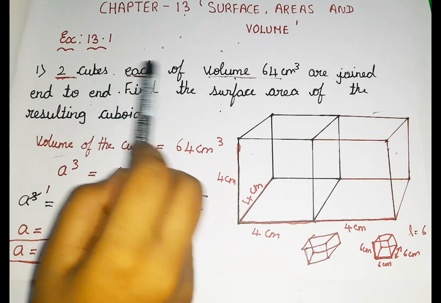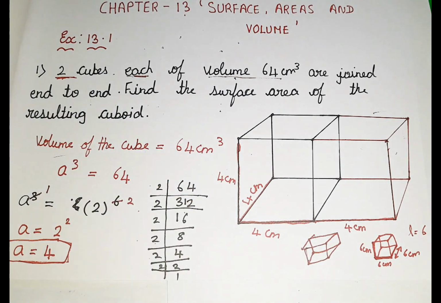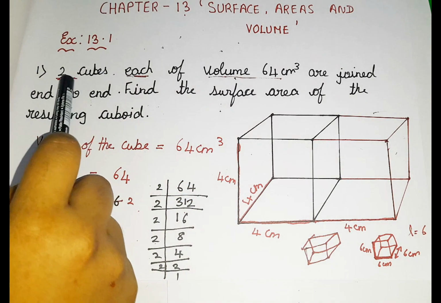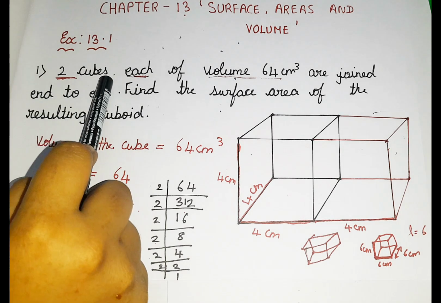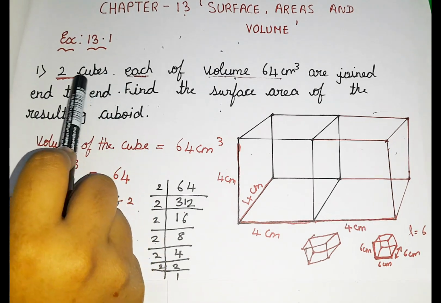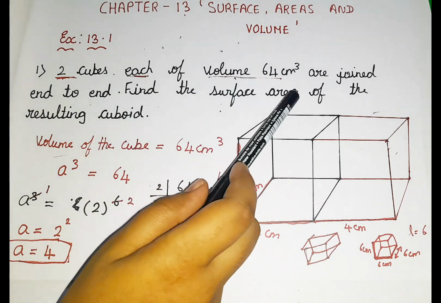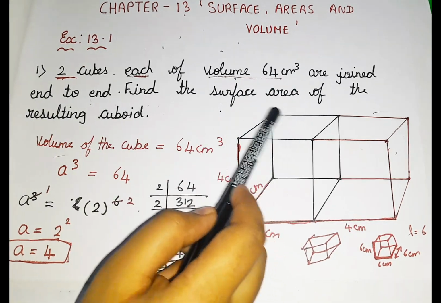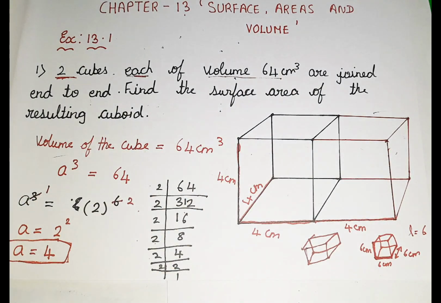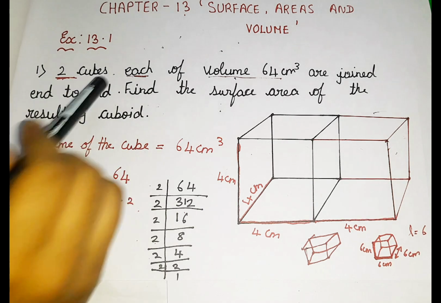Read the question line by line. If you wouldn't have noticed this 'two cubes', and instead read cubes each of volume 64 centimeter cube, then you would have drawn only one cube, am I right? Just because of these things you might score less marks. So please notice each and everything.